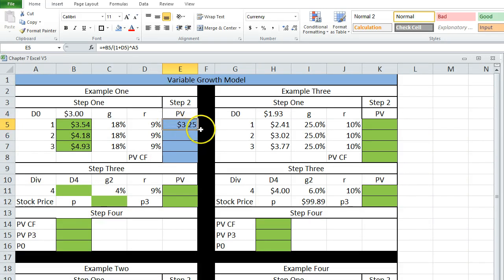I could pull this down to get all the present values, but what I want to do is actually calculate it again. Now that it's larger, you can actually see it better.